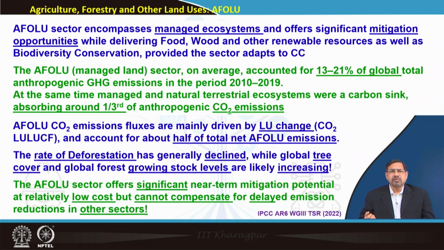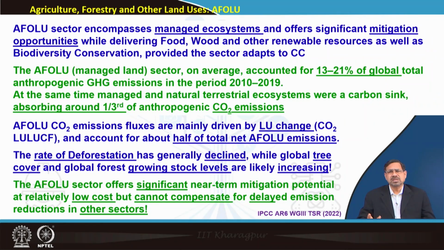The AFOLU sector offers significant near term mitigation potential at relatively low cost, but cannot compensate for delayed emission reductions in other sectors. So, it has significant potential at a very low cost. That means it is the cheapest solution.